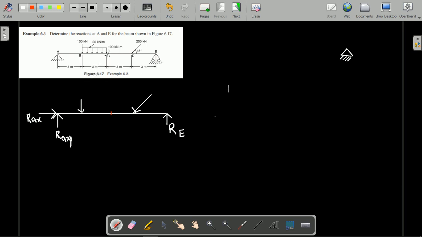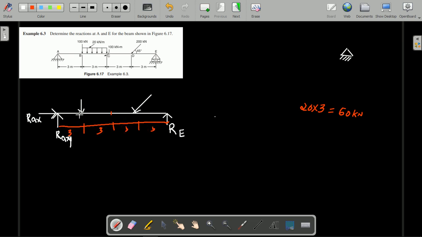So what is the point load here? 20 into 3, 60 is your point load. You just mark the different distances where it is acting. So from here to here 3 meter, 3 meter and 3 meter, that is 3, 3, 3 and 3.